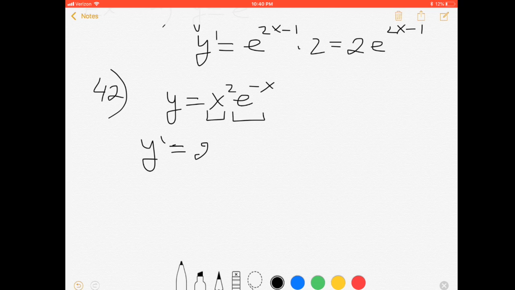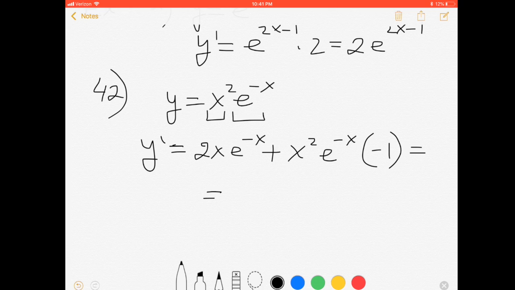We have 2x e to the minus x, plus x squared times the derivative of e to the minus x, which is e to the minus x, and the derivative of negative x is negative 1. This means here we have 2x e to the negative x minus x squared e to the negative x.